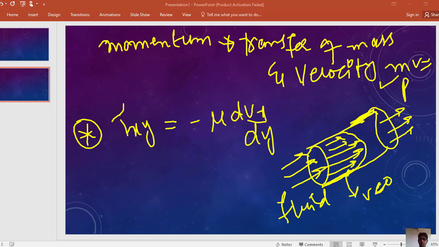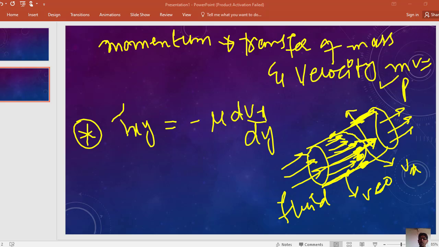Vx changes in the y direction: here it is 0, then slightly increases, then further increases. The maximum velocity is in the center of the pipe, then it decreases, and here it is 0 again.